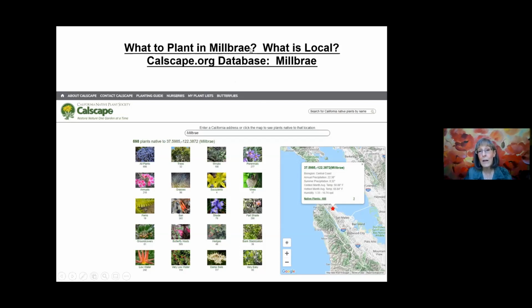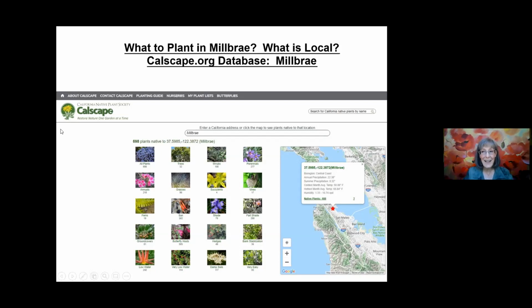So let's talk about local plants. What is local in Millbrae? You can do a search here, and for Millbrae, we've got 698 native species available. Plenty to choose from, really. And they've broken it down nicely into trees, shrubs, perennials, and so forth. So it's a very handy resource to use.